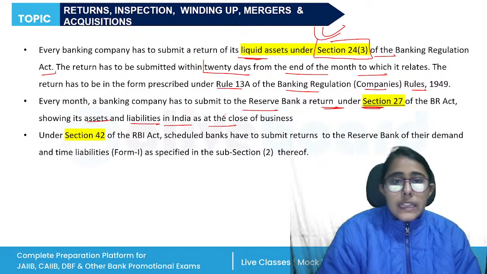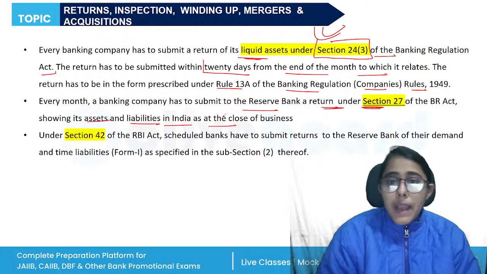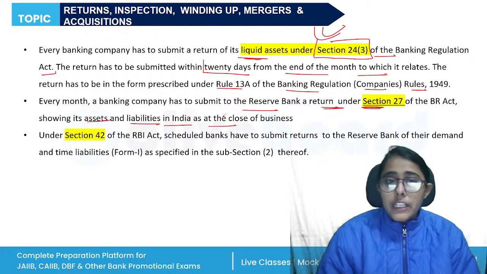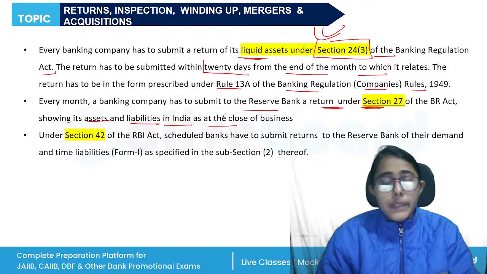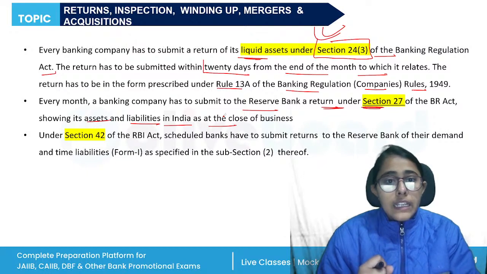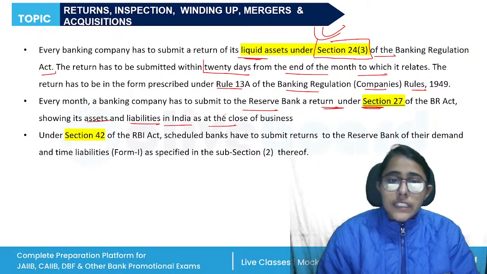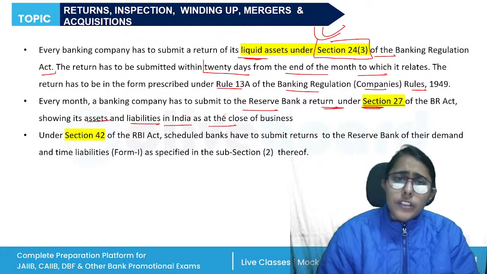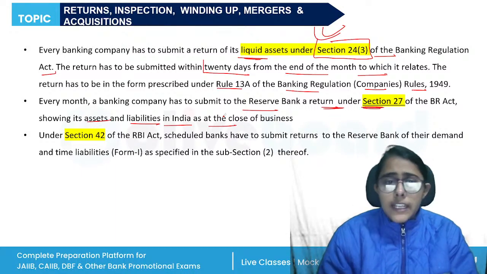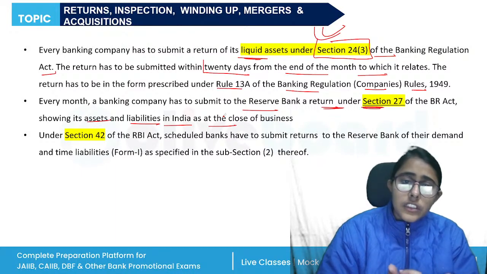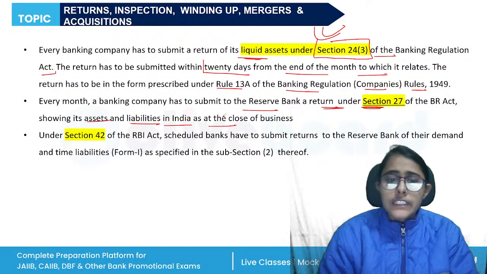All right. Then regarding the accounts and the balance sheet, annual accounts and balance sheets have to be submitted to the RBI within 3 months from the end of the period, right? Regarding the return of assets in India, regarding the unclaimed deposits that we'll be covering in other chapters as well, the return of cash reserve of the non-scheduled banks, all of these things are there.